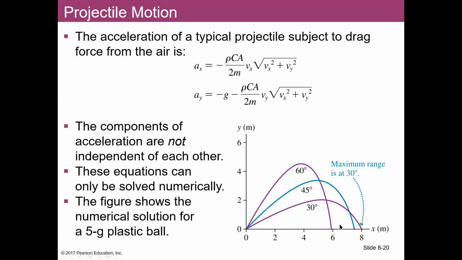And that becomes very interesting. There's not an easy way to find the angle of maximum range, but numerically, you can show that angles close to 15 or 20 degrees will typically give maximum range.